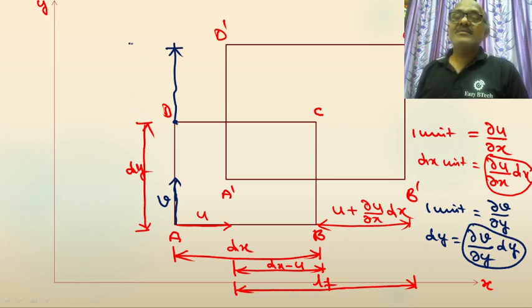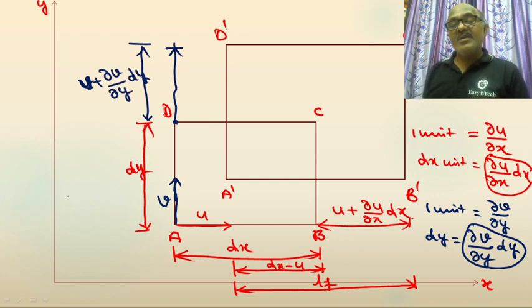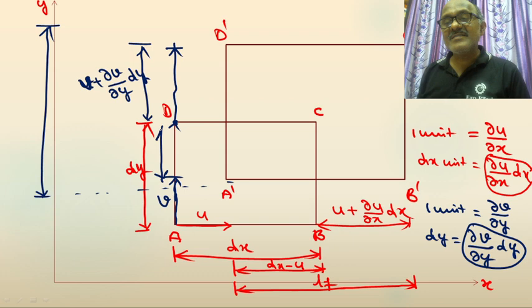So here the displacement of D is given by v plus dou v by dou y into dy. Here is the final length of the element A dash D dash. But what is the distance from here to here? That is already found.